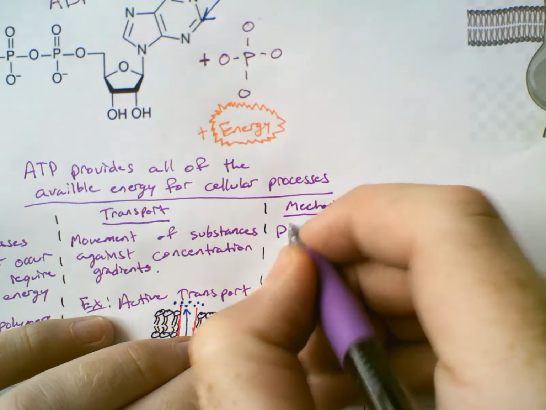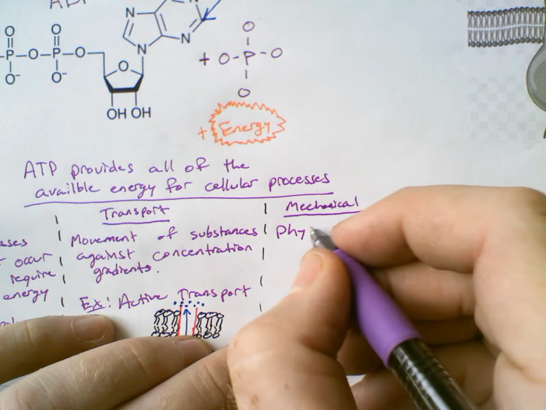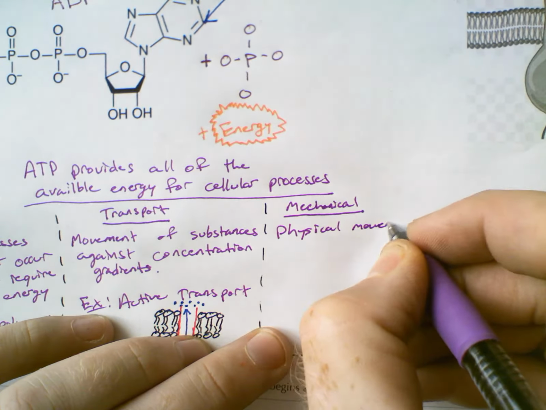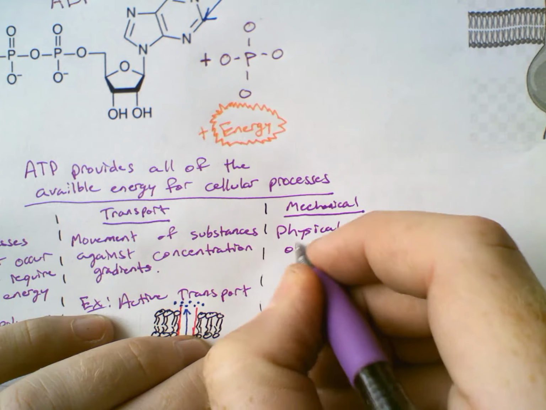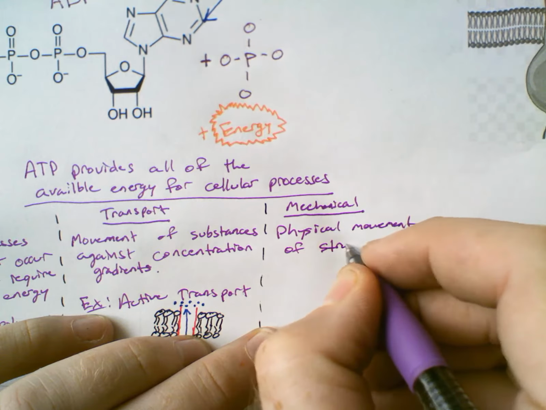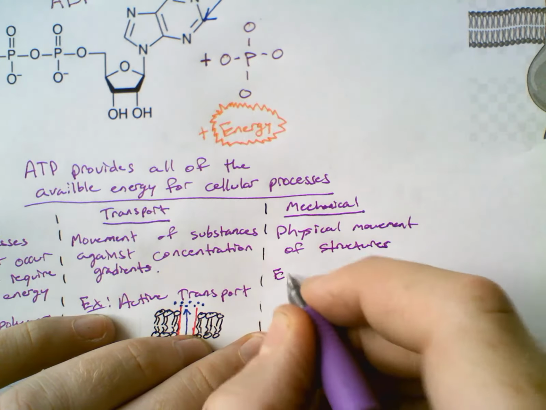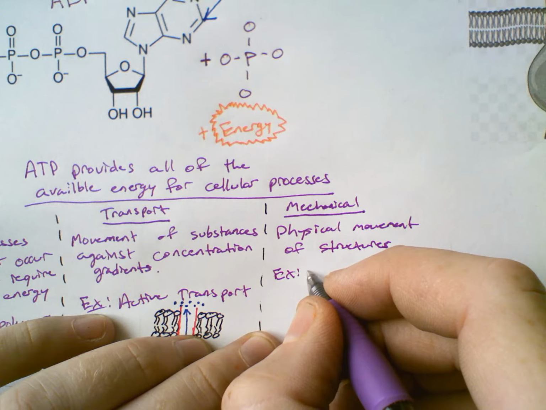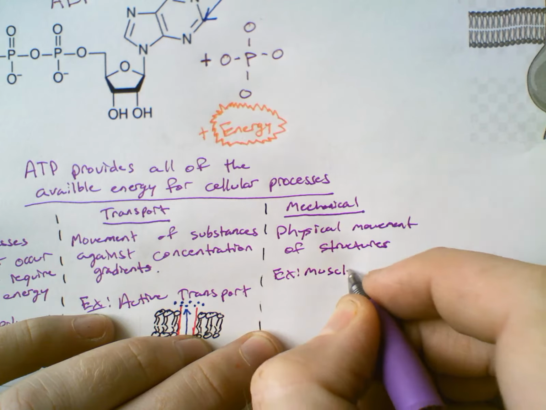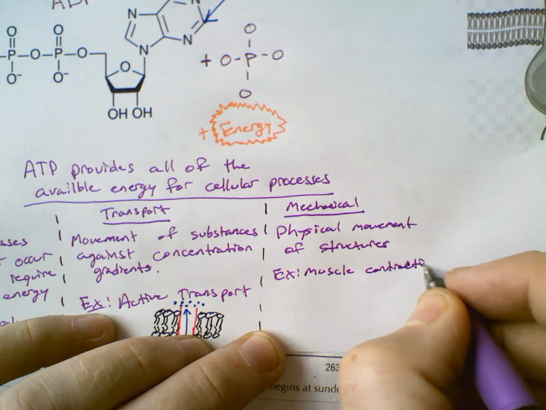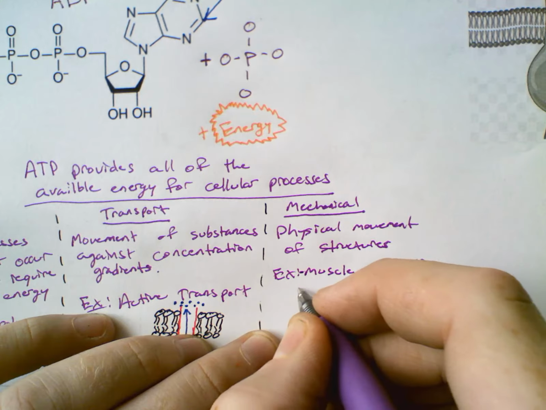This would be like the physical movement of actual structures themselves. There are a lot of examples of this. Maybe we're talking about muscle contraction. That requires a constant stream of ATP.